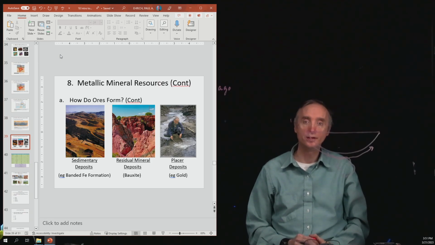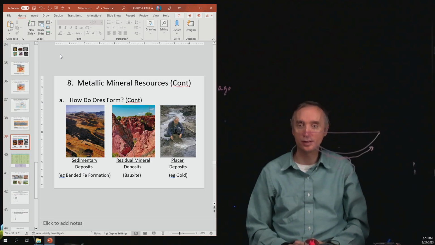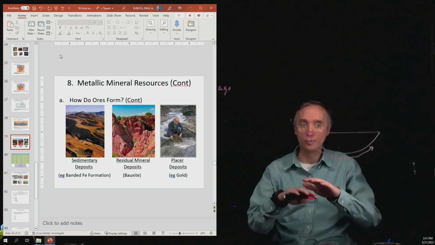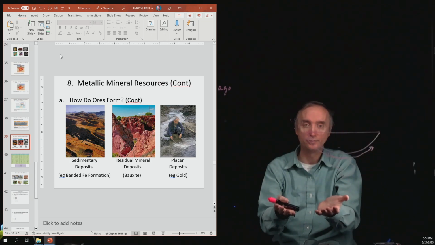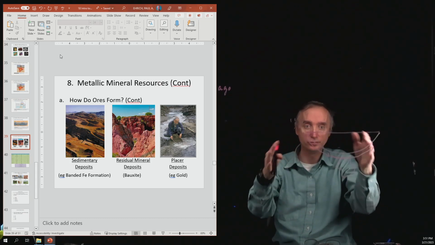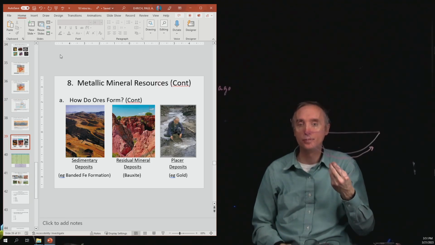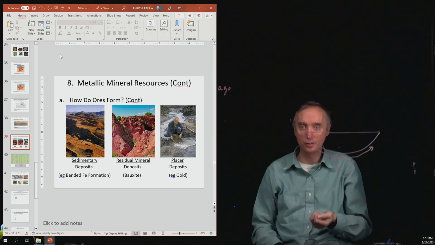Okay, another one is going to be called sedimentary deposits. An example of this would be banded iron formations. So roughly 2.2 billion years ago, the Earth was mostly ocean with a few continents, and various kinds of bacteria began to produce oxygen.